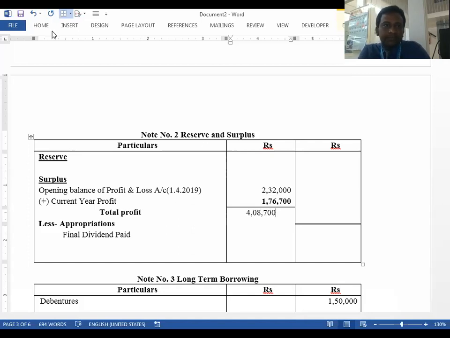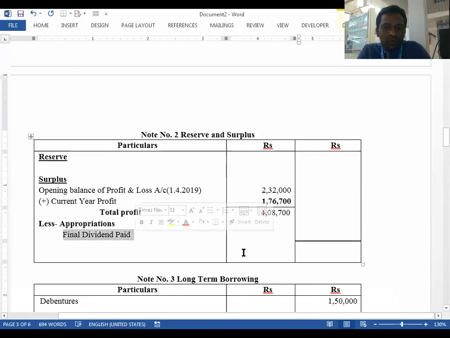Is it clear? Now time to calculate the appropriation. So proposed dividend.